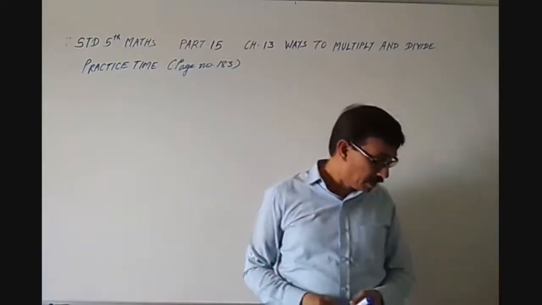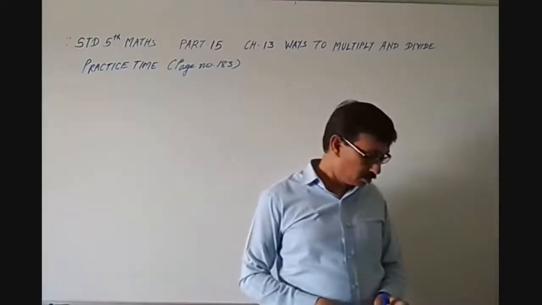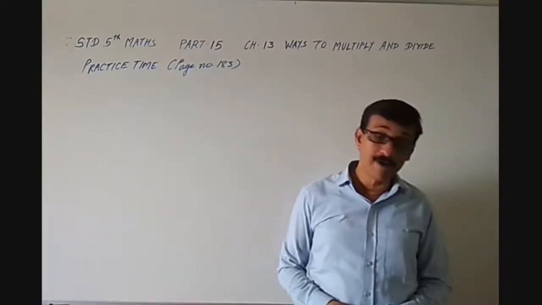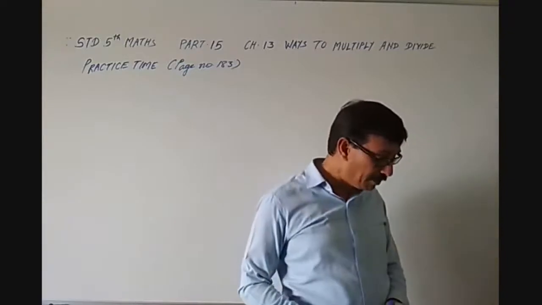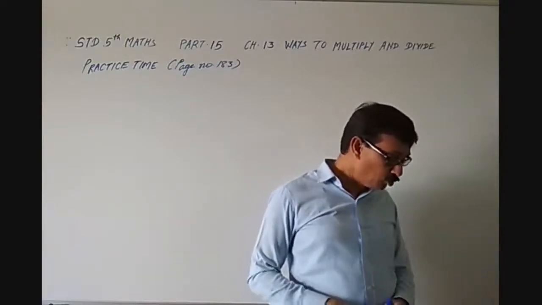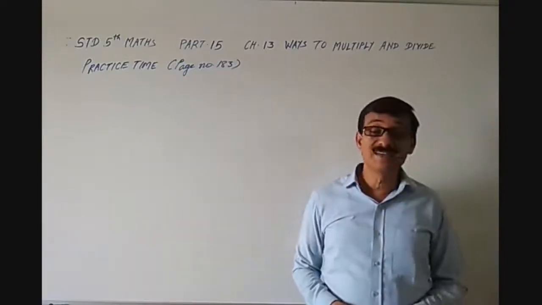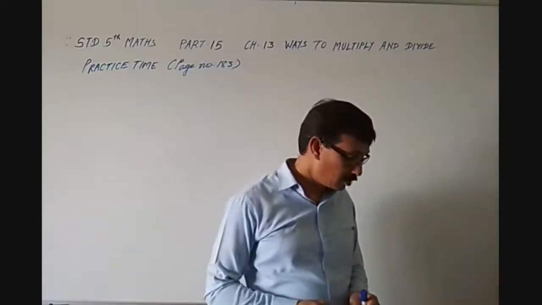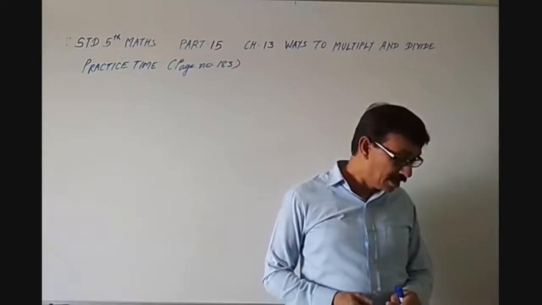Let's see. A gardener bought 458 apple trees. He was to plant 15 trees in each row. How many rows can he plant?